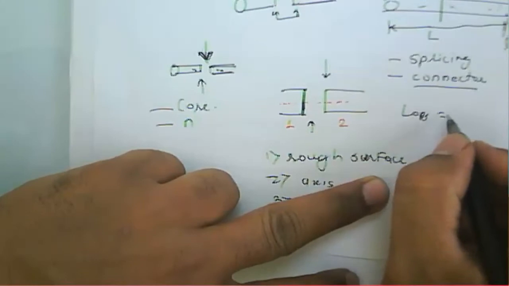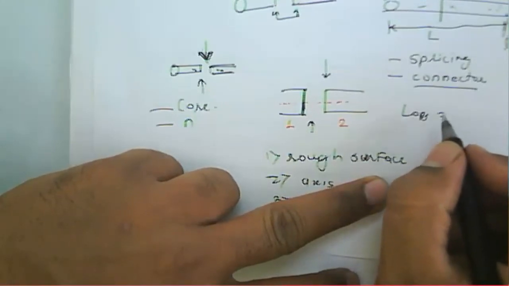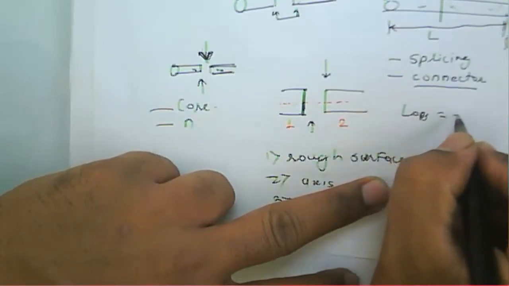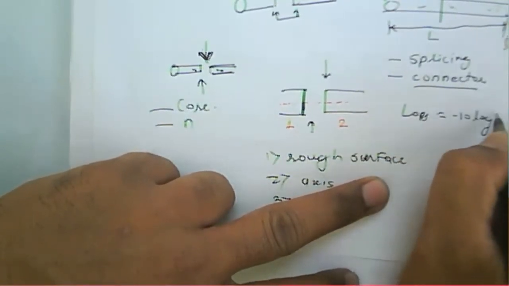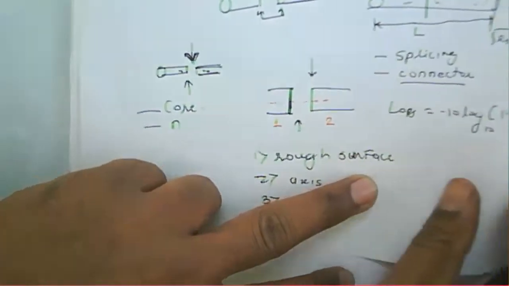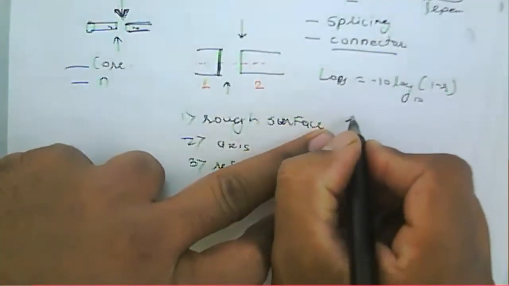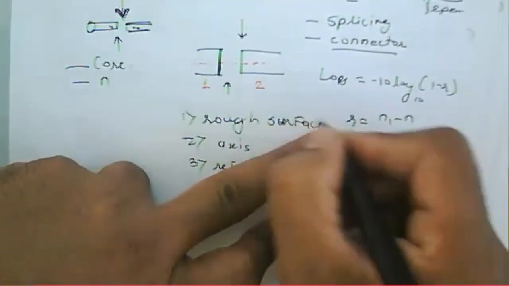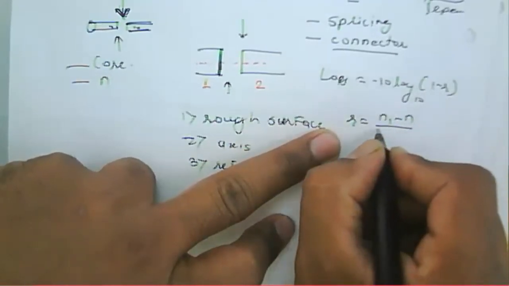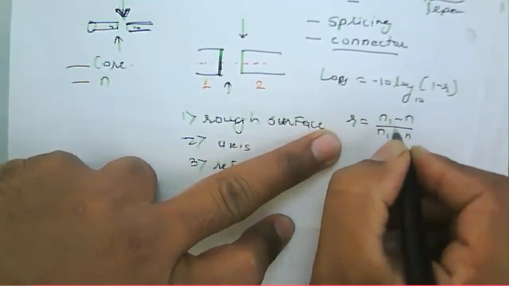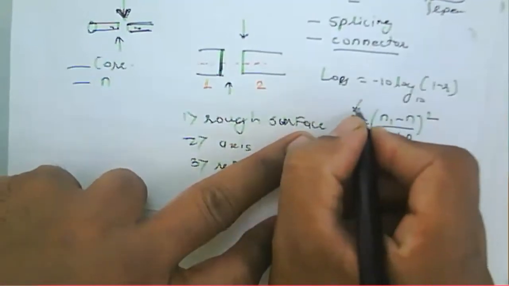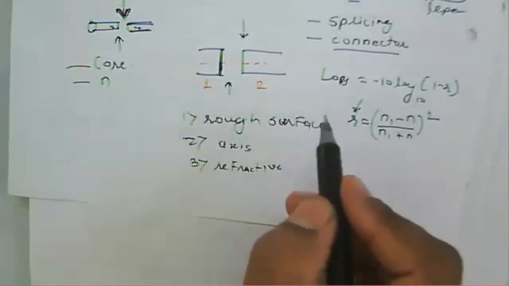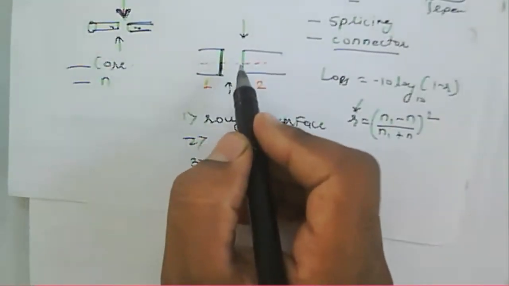That's why the Fresnel reflection constant has to be obtained. The loss depends on 10 log 10 with respect to the Fresnel reflection constant, that is R. And that R depends upon the refractive index of the fiber core and the refractive index of the air. That will give us the Fresnel reflection constant at the fiber interface. Okay, at the fiber interface there.